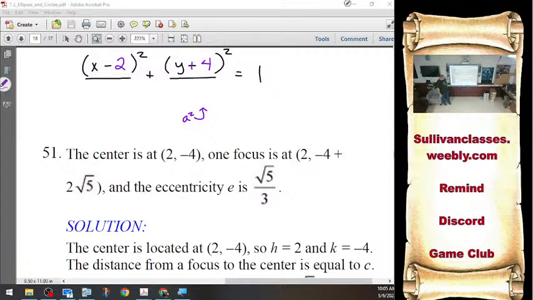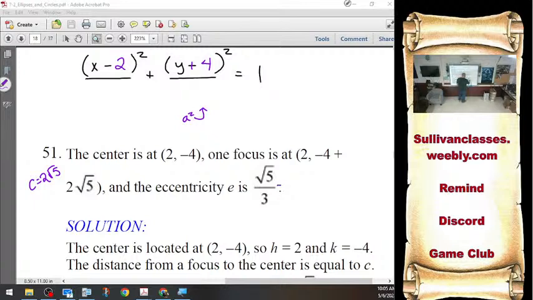If the focus is 2, -4 plus 2 root of 5, what did they just give me? I can find my c value because I take -4 plus 2 root of 5. So that tells me c is 2 root of 5. The eccentricity is square root of 5 over 3.